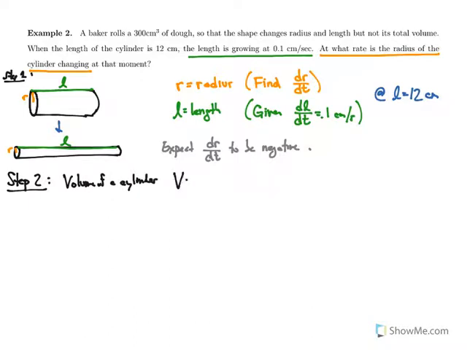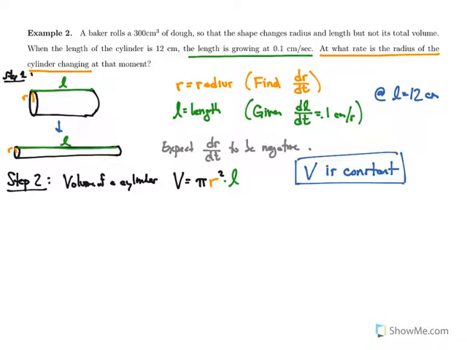That is, V is going to be pi R squared times L. Sometimes we see that as pi R squared H, in this case, we're just putting the cylinder on its side, so it's a length L. And note that V is constant in this problem, right? The volume does not change.